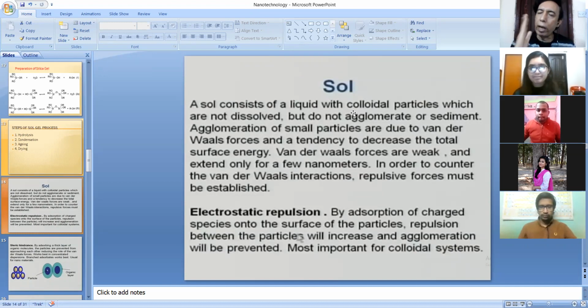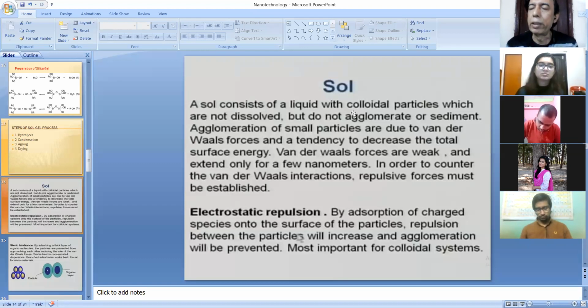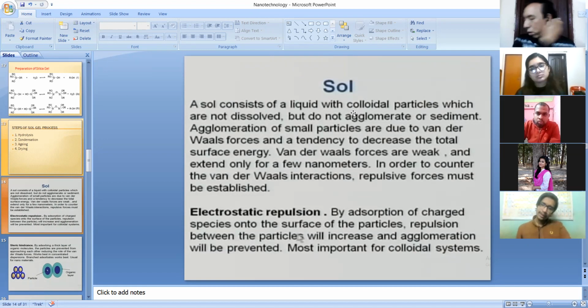So we have to prevent that agglomeration, because if agglomeration happens, one particle comes in touch with another particle, then we'll get a big size particle, which will not be a nanoparticle. So our aim is to prevent the agglomeration.